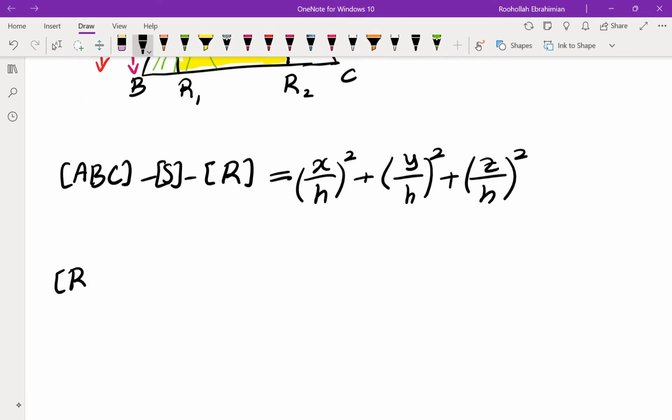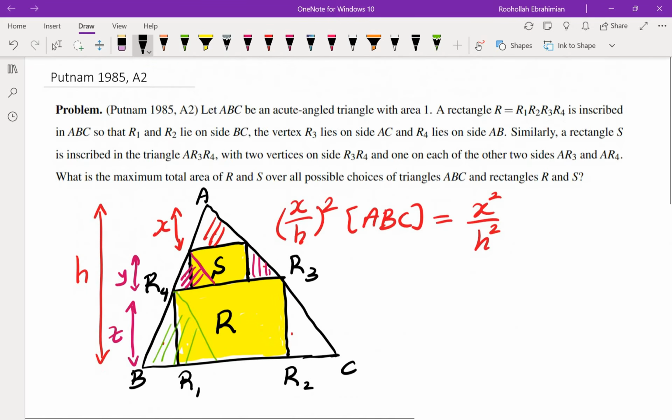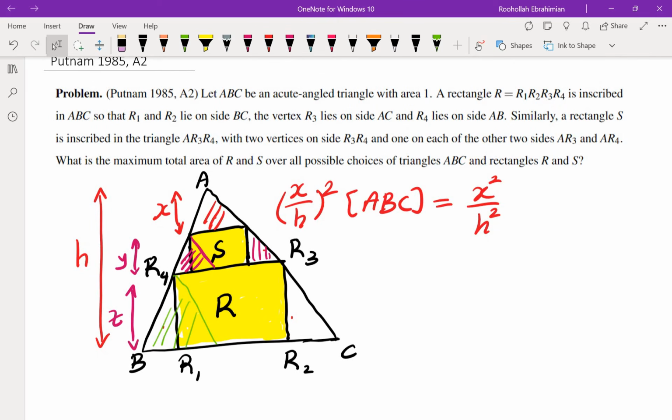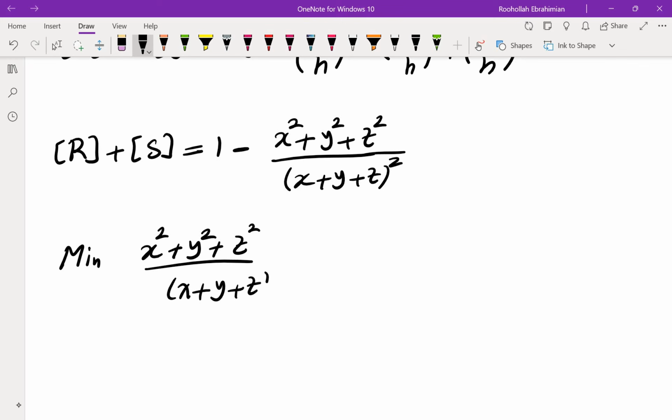So the area of R plus the area of S is going to be, since the area of ABC is 1, 1 minus (x squared plus y squared plus z squared) divided by h squared, and h is x plus y plus z, so we square that. Now we are told to find the maximum possible value of this area. In other words, we are trying to minimize (x squared plus y squared plus z squared) over (x plus y plus z) squared.